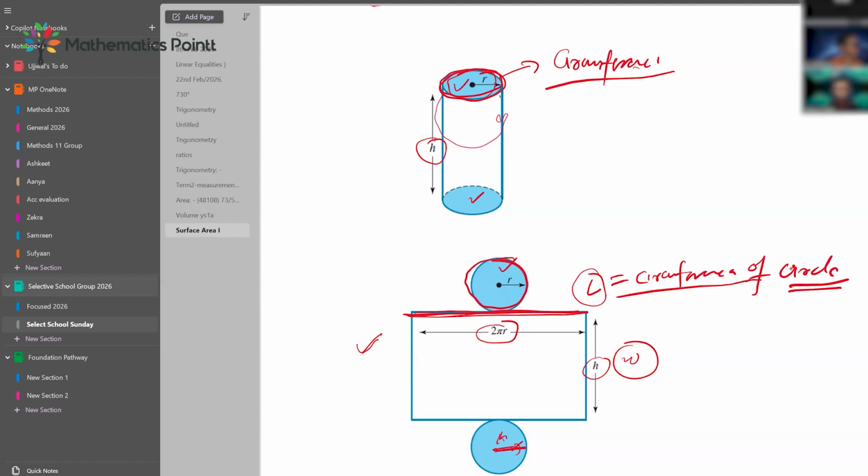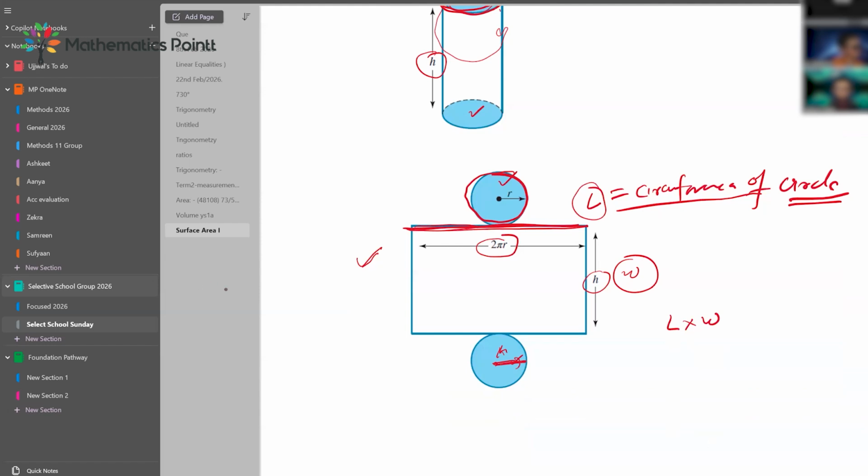And what is the area of this rectangle? Length times width. Now, what is length? Length is the circumference, 2 pi r. And what is the width? Width is the height of the cylinder.